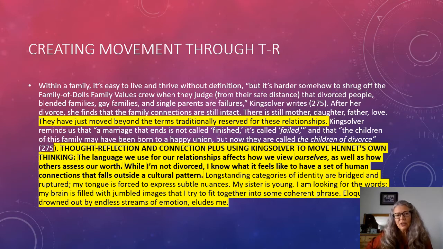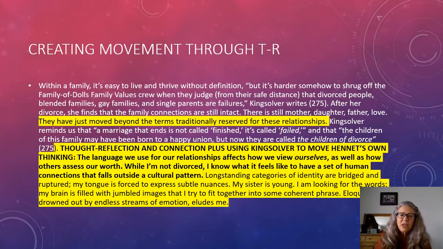Now, here is another important point. Not only do we see Hennet thinking and reflecting on the page about language, relationships, etc., but we also see her once again making the connection between Kingsolver and herself. And we see movement when she makes the connection this time.